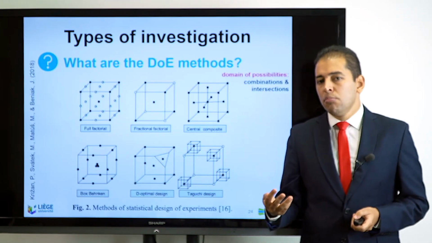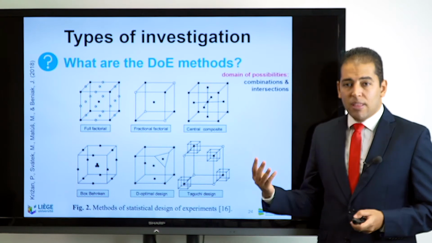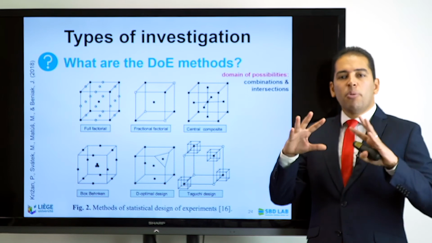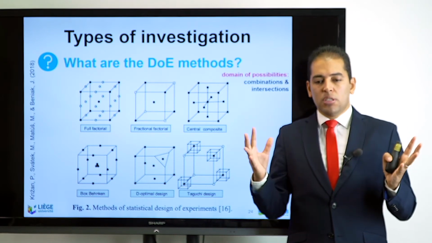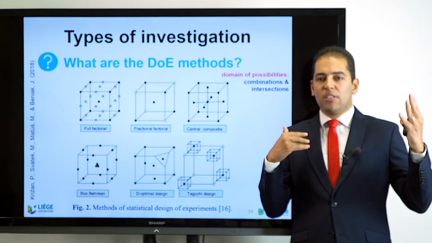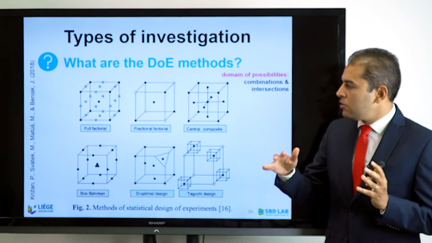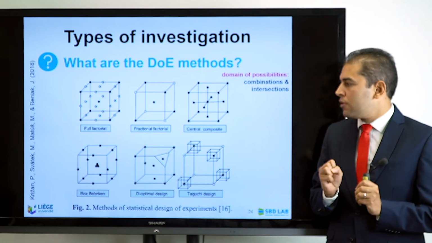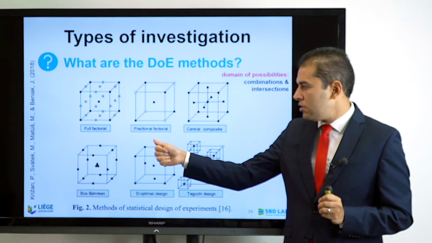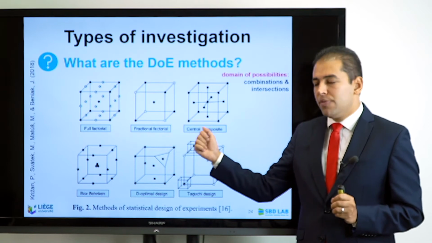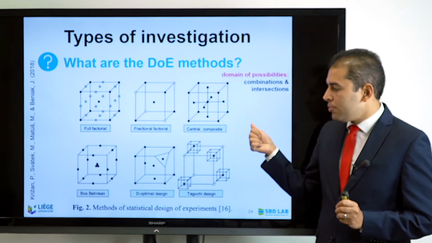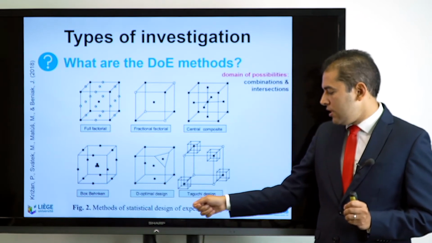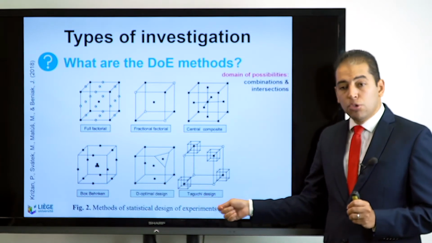Now, what are the most common design of experiment methods? Like I told you, if you imagine that we have a domain of possibilities with different combinations and different interactions between my factors and levels, I can do different types of tests to focus on the most essential combinations. I have full factorial testing, fractional factorial, the central composite approach, the Box-Behnken approach, the D-optimal design, and the very famous Taguchi design.